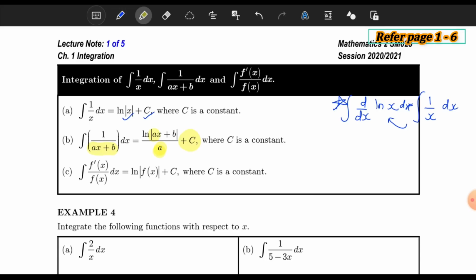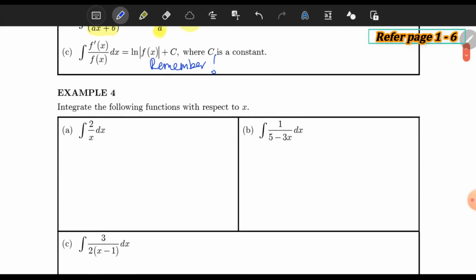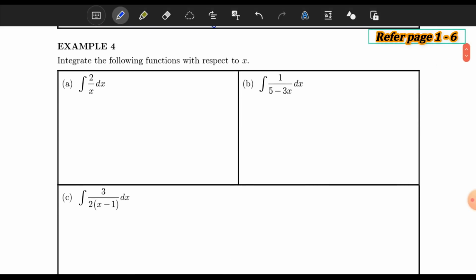Okay, and the last one is, integral of f prime over f(x) equals ln f(x) plus c. So for this case, you need to remember the rule. Example number 4. Integrate the following functions with respect to x. Integrate 2 over x dx can be written as 2 times integral of 1 over x dx.